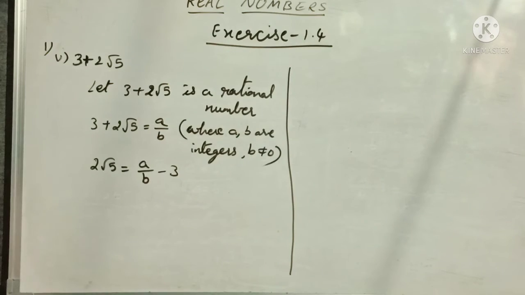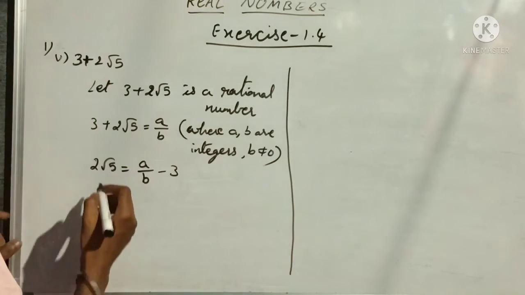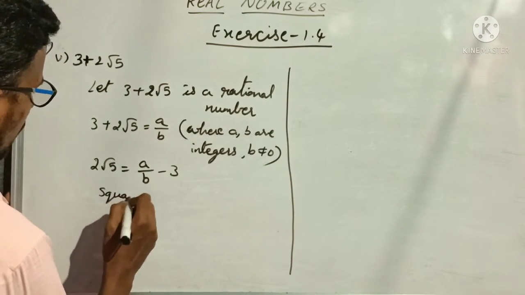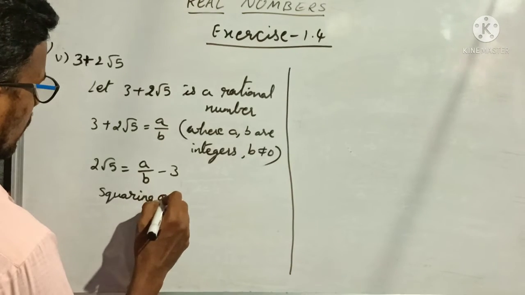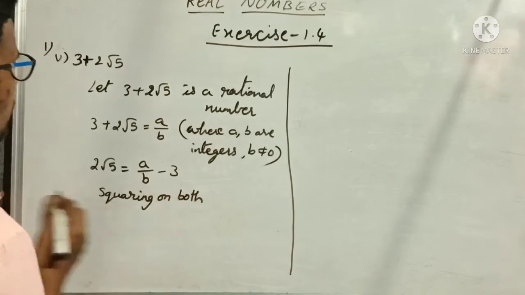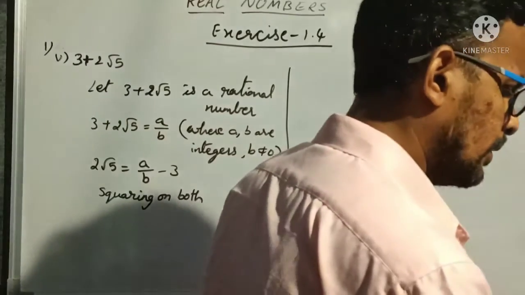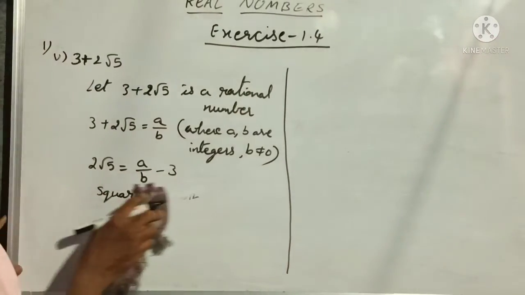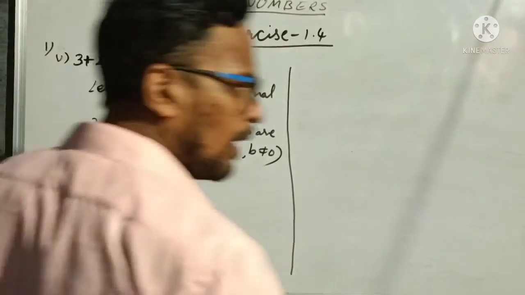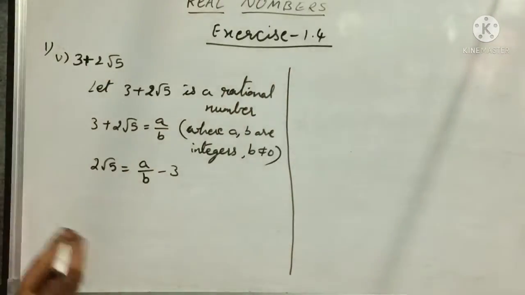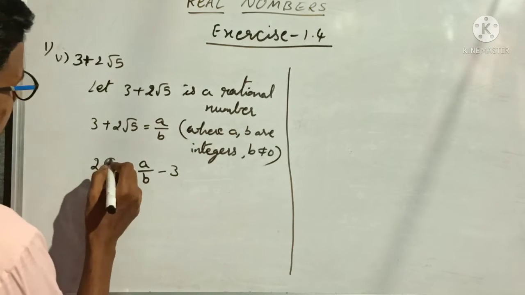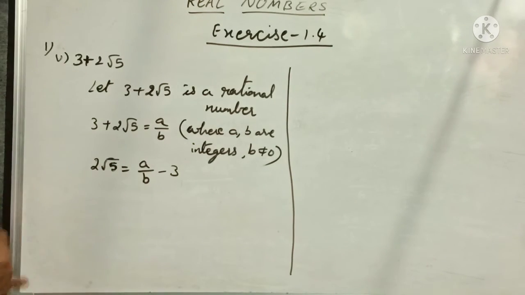Yes. So now if I take squaring on both sides, wait, no need of squaring on both sides. Just simplify this. Again that will be a rational number. No need of squaring on both sides. Let's just simplify this 2 root 5. Yes.